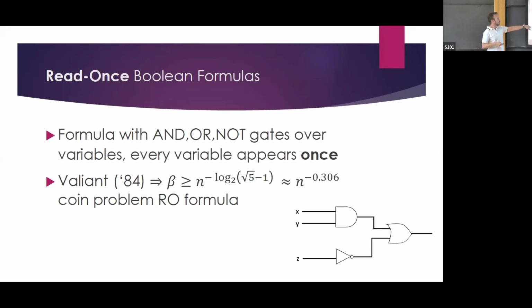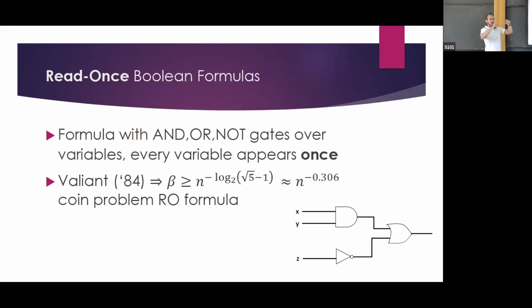And the same construction of Valiant showed that if we would want to take this construction and use it in order to solve this coin problem, so we have n variables that appear only once, we just put our coin tosses in these variables, then if the bias is larger than n to the minus 0.306, then we would be able to detect the bias.